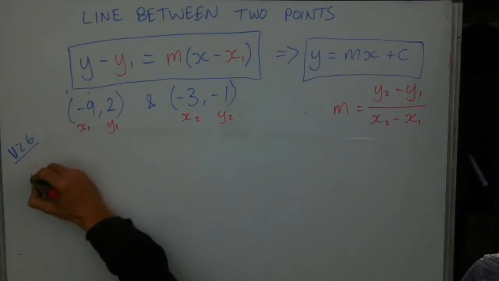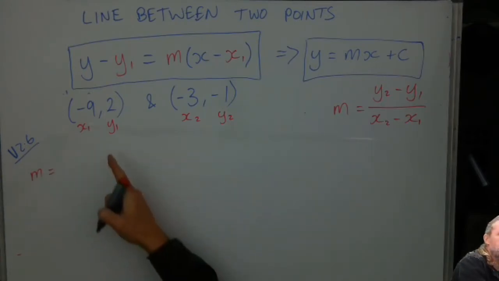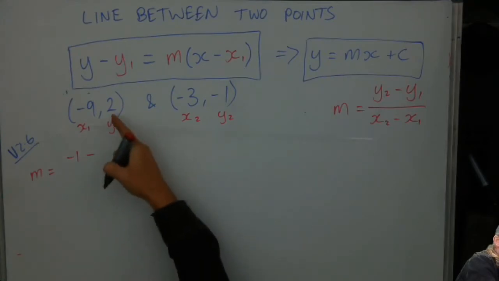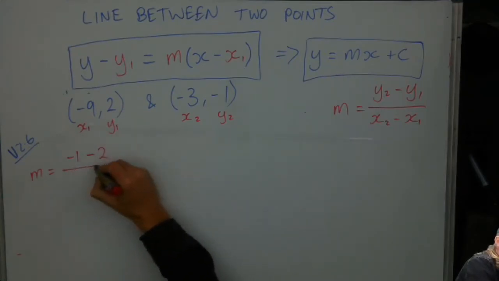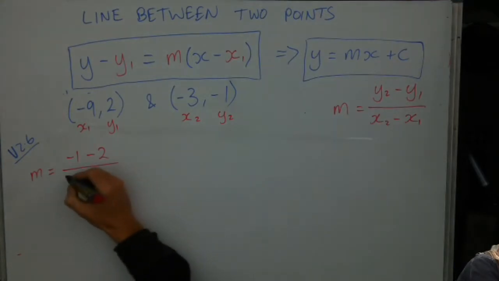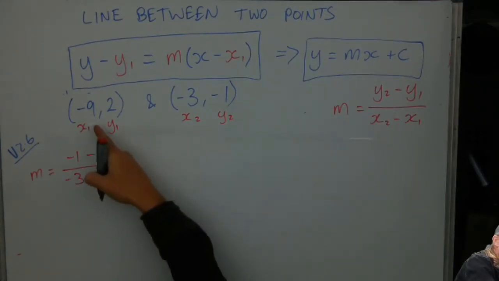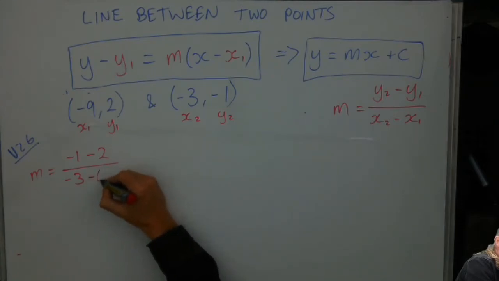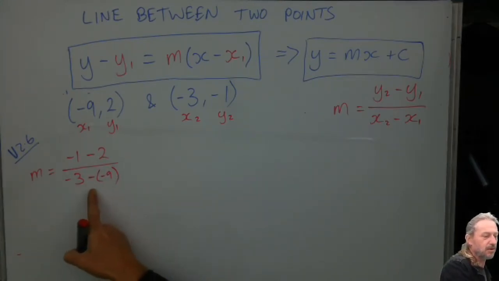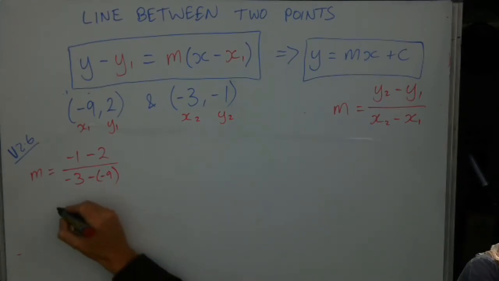So our gradient m is going to be negative 1 take away positive 2, divided by x2 is negative 3 take away negative 9. Don't get confused, that's going to end up being a plus.